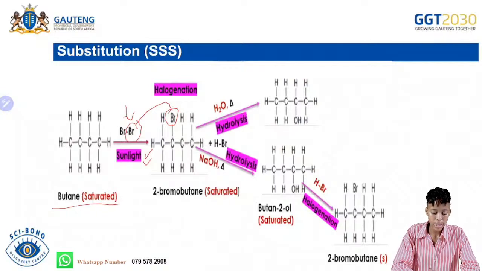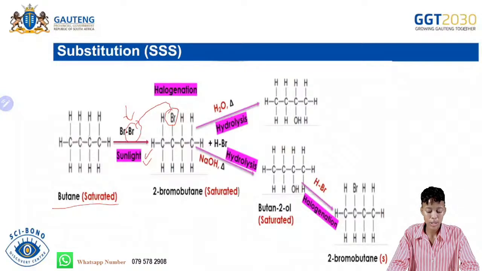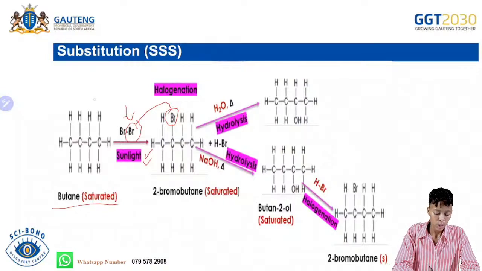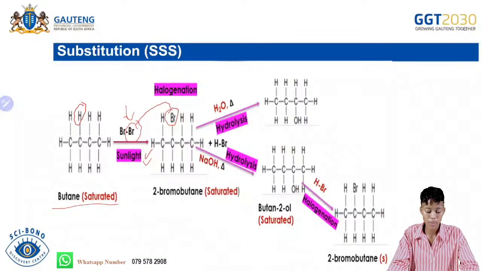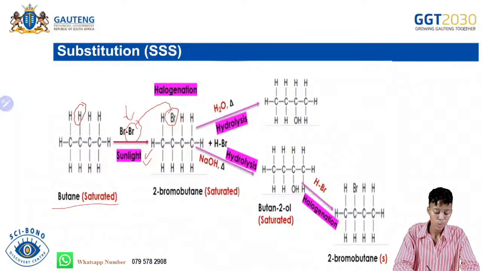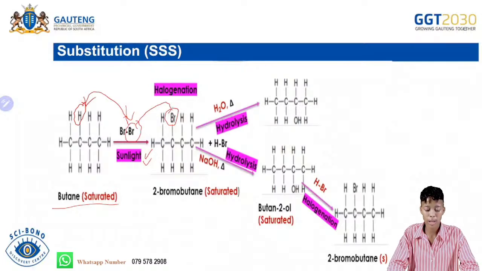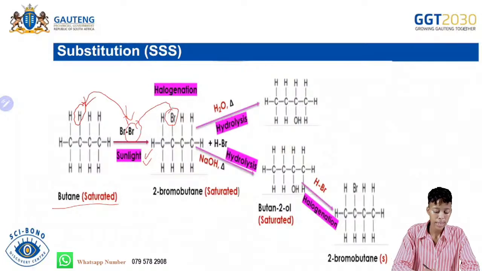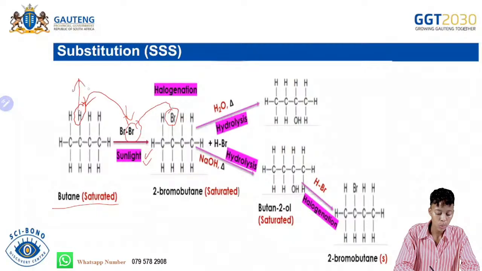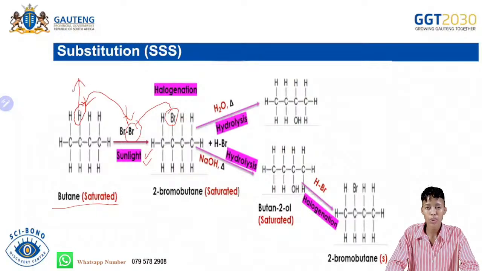In this case, because we do not have any guidance as to where to substitute, you could have substituted on any of the hydrogens. In this case, it was substituted on carbon number 2. So we took this bromine here, substituted on carbon number 2, and it therefore means that you no longer have the hydrogen there.